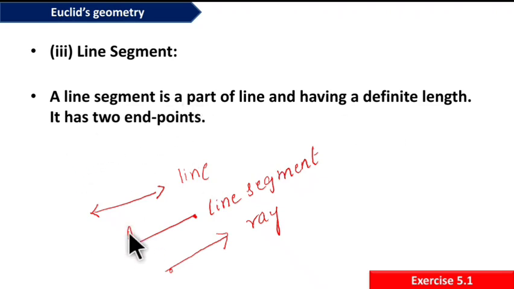Here we have 2 end points. A line segment has end points, but a line does not have end points; we can extend it on both left and right sides. An arrow means we can extend on the left side and also on the right side, but a line segment we can't extend. So it has a particular length and 2 end points.